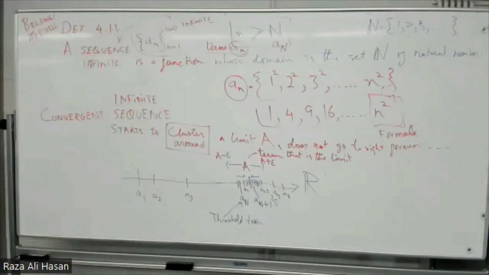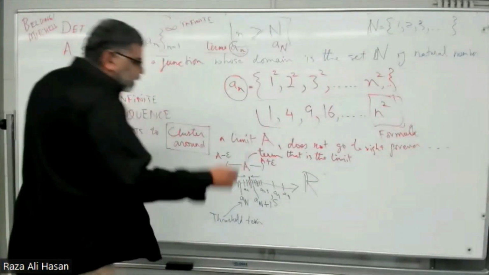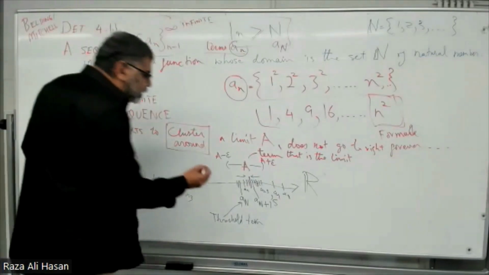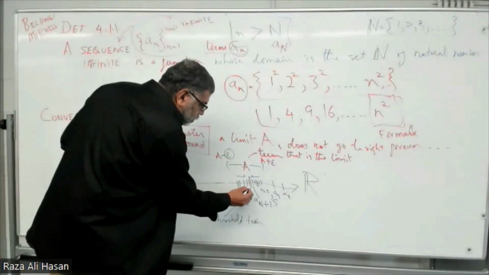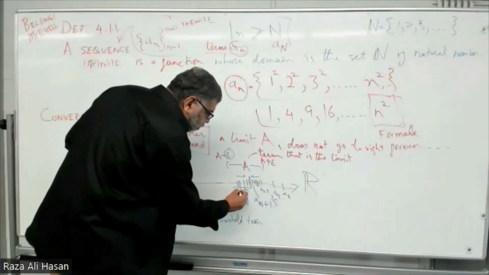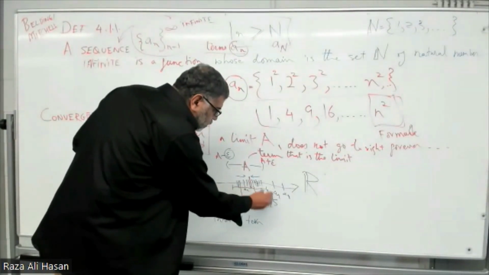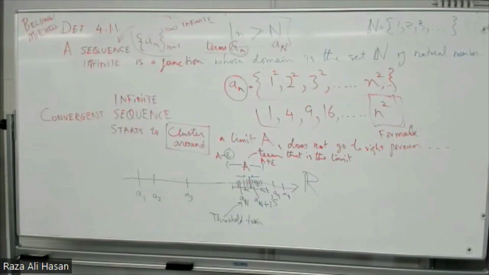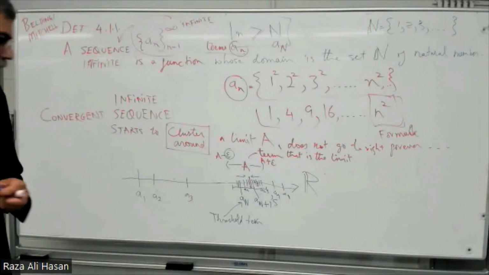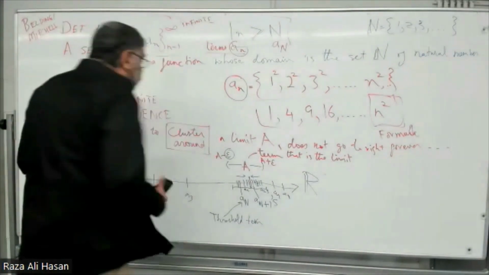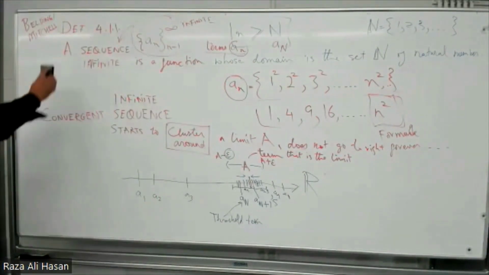Okay, all right, so next thing is we now know about this. They cluster within this distance, epsilon distance from A. This distance is epsilon on both sides. And is there anything else I need to talk about? No. Okay, so that is the convergent sequence. Let's draw on the blackboard a divergent sequence.